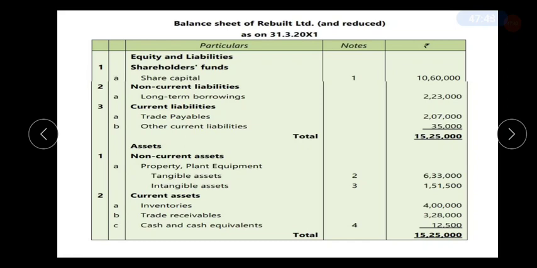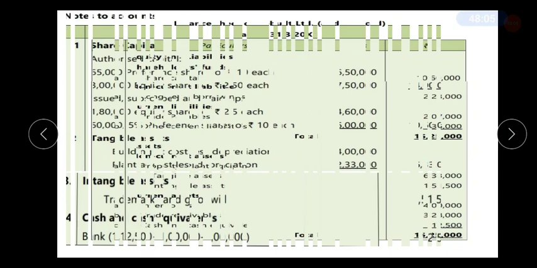Wherever there are adjustments with respect to long-term loans or trade receivables, payables, you need to adjust them. And if there is a capital reduction account credit balance, that can be used for writing off the fictitious assets and undervaluation of other assets. Hope you have understood this problem. Thanks for watching. Thank you.